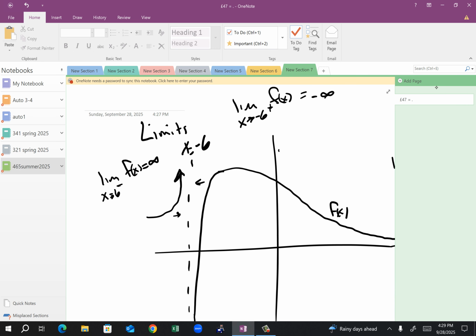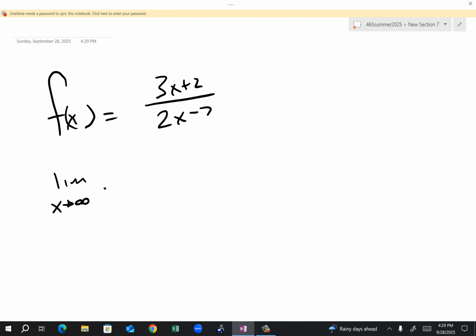In pre-cal, we looked at functions like 3x plus 2 over 2x minus 7. What is the limit as x approaches infinity? Well, the top becomes 3. Let's let x equal 1 billion.